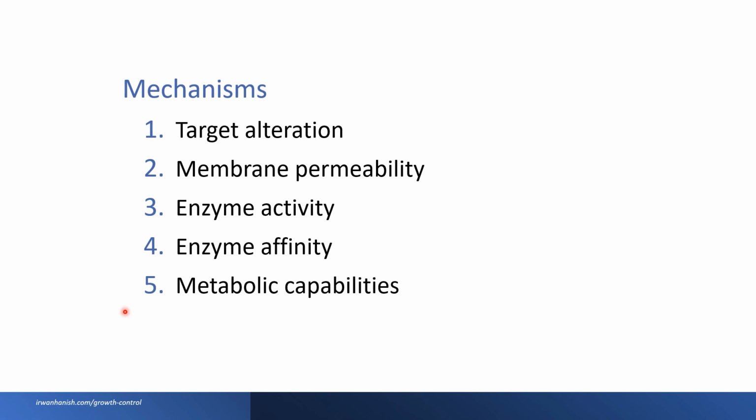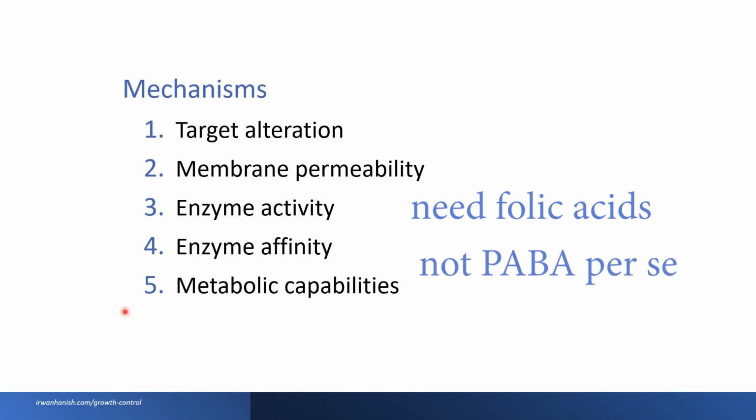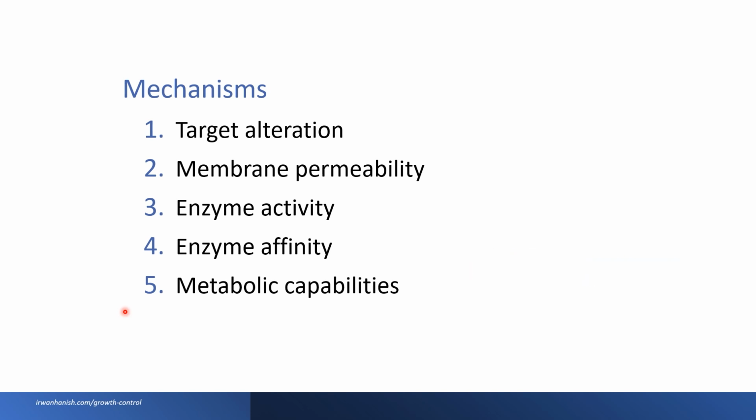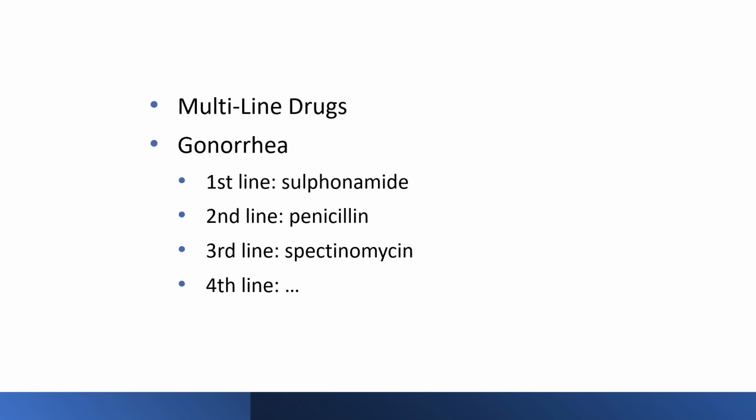But the bacteria will go, actually, I only need PABA to make folic acids. I need the folic acids, not the PABA itself. So now I'm going to develop a new pathway, a new metabolic capability to capture environmental folic acids directly. So the war goes on. Over time, that war requires us to develop multi-line drugs, one after another after another.